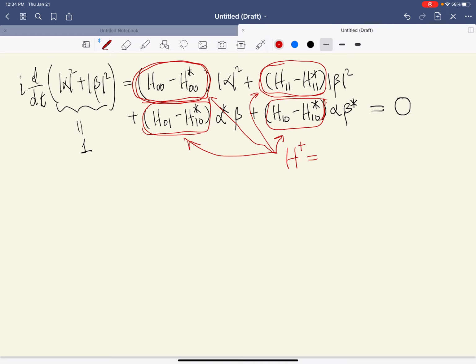So if I take the Hermitian conjugate of the Hamiltonian matrix, then I will get back the matrix itself. Okay, so the requirement of hermiticity is required to preserve probability.